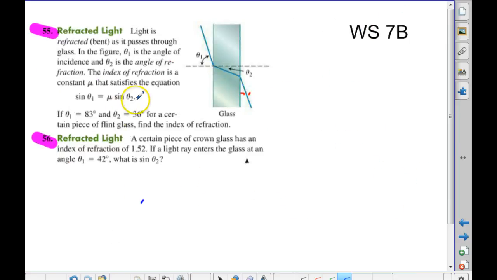Okay, you're just using this formula right here. This is just a plug it in question.